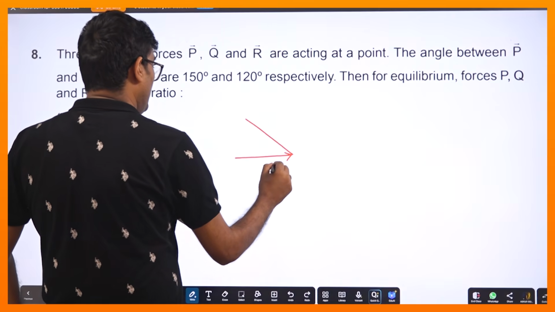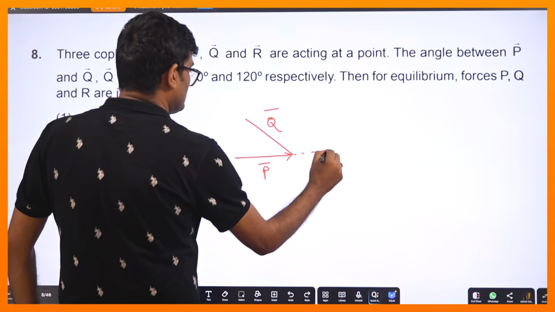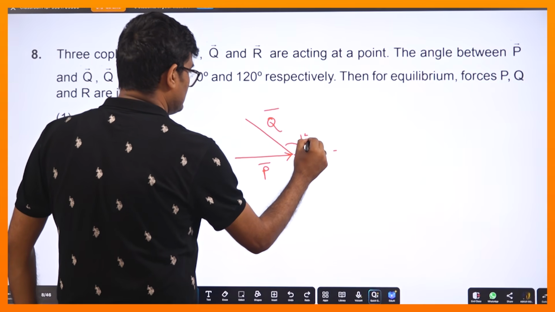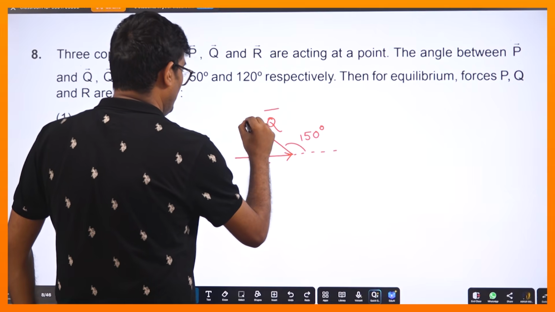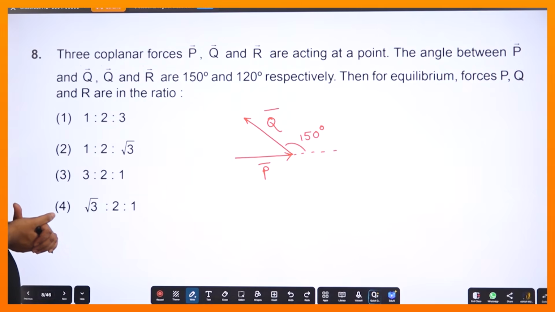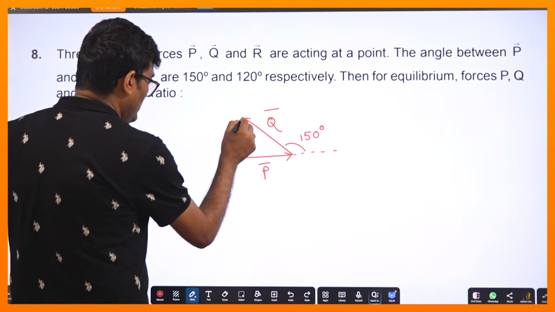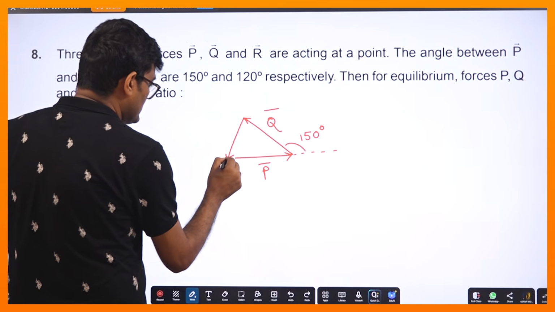So this is P vector and this is Q vector, and this angle is 150 degree. And the angle between Q and R is 120 degree, right? For equilibrium, they will form a closed triangle, right?